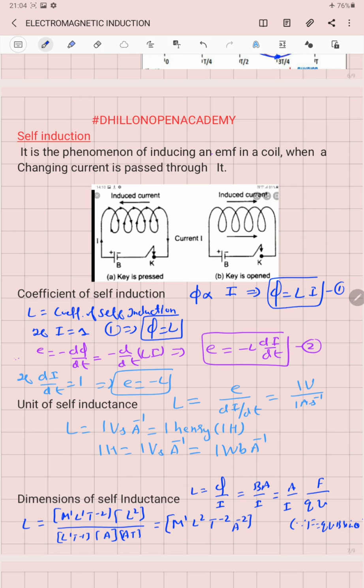These are the dimensions of the coefficient of self-inductance of the coil.